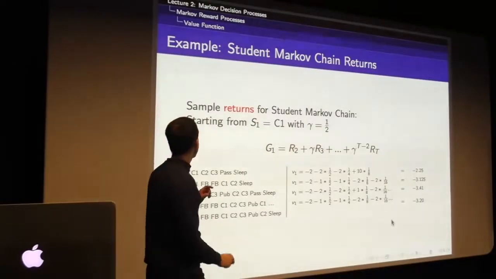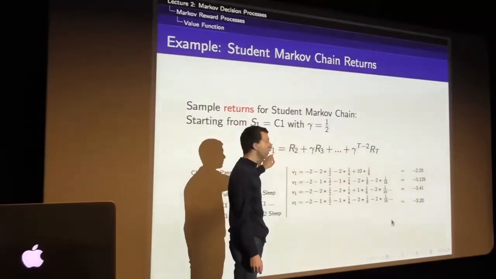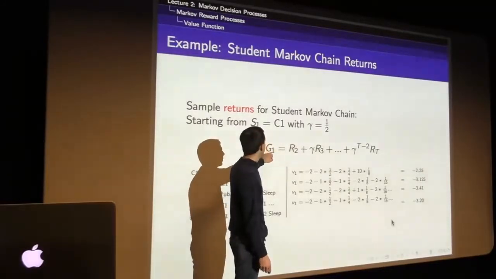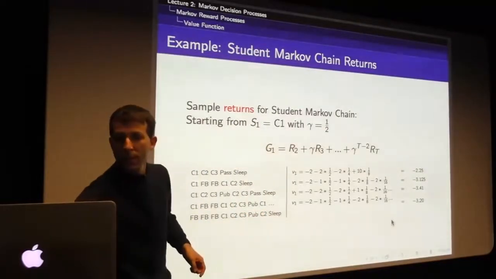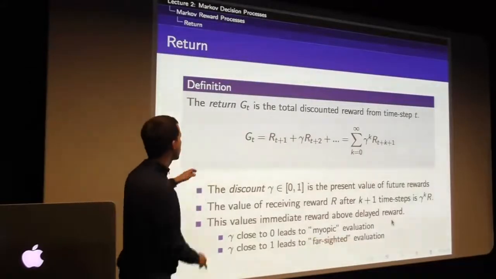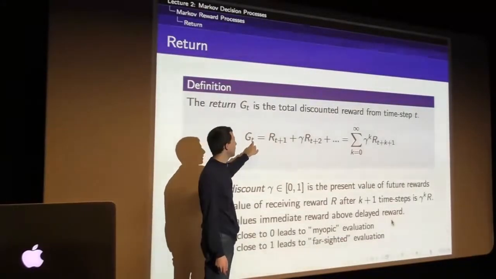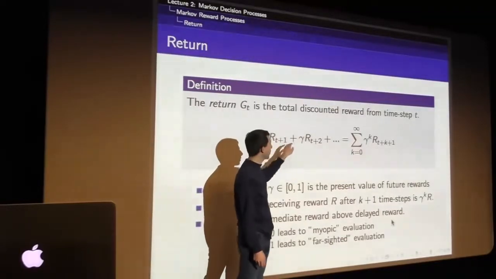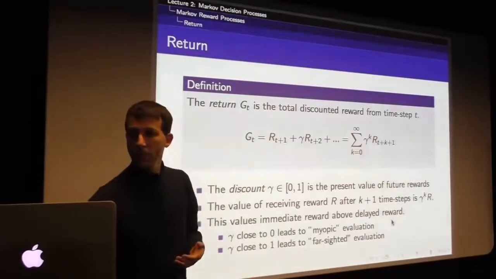No, these subscripts are time steps. If we go back to the definition of return, the return starting at time step t is the rewards from that time step onwards. Now we're considering a bunch of different returns.